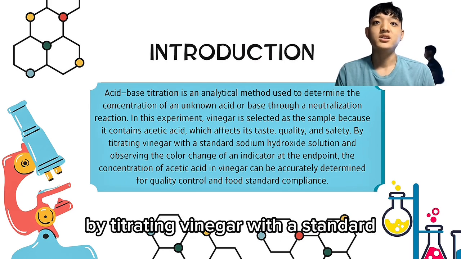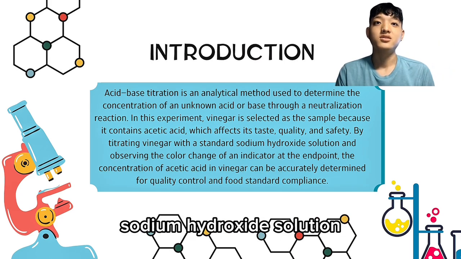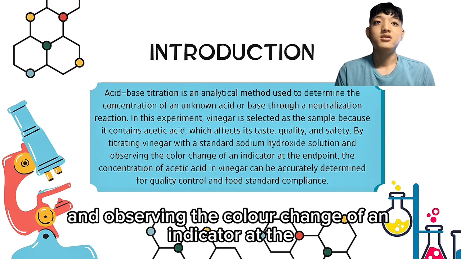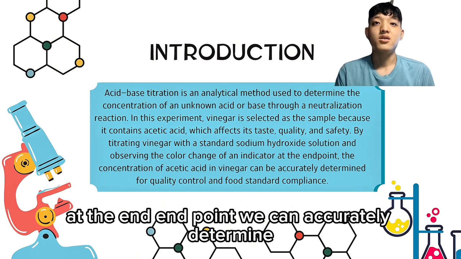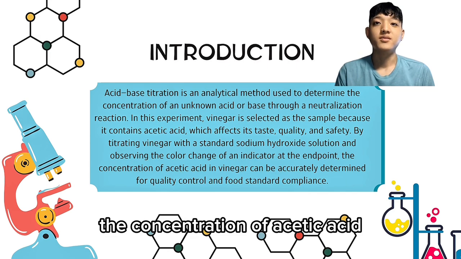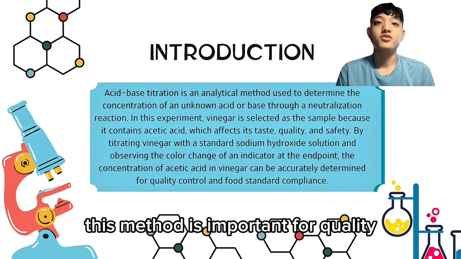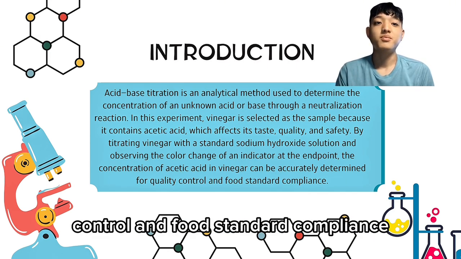By titrating vinegar with a standard sodium hydroxide solution and observing the color change of an indicator at the endpoint, we can accurately determine the concentration of acetic acid. This method is important for quality control and food standard compliance.